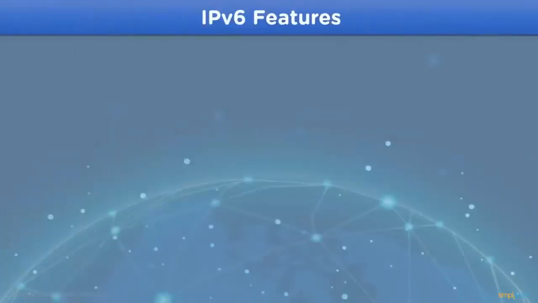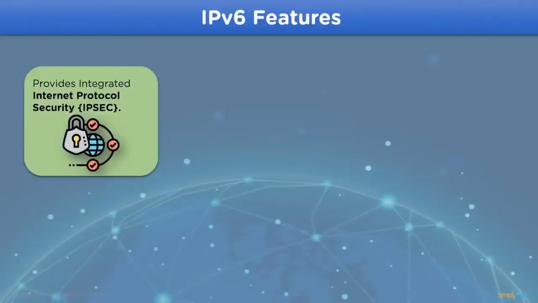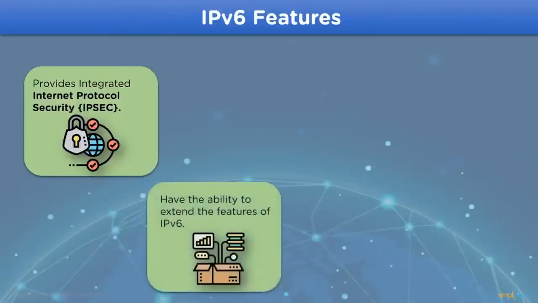Moving on, let's take a look at some of the features of IPv6 addresses. The first is that IPv6 addresses provide an integrated security protocol for the network, that is Internet Protocol Security, IPsec. Then it allows its application to extend to various services according to the need of the network.